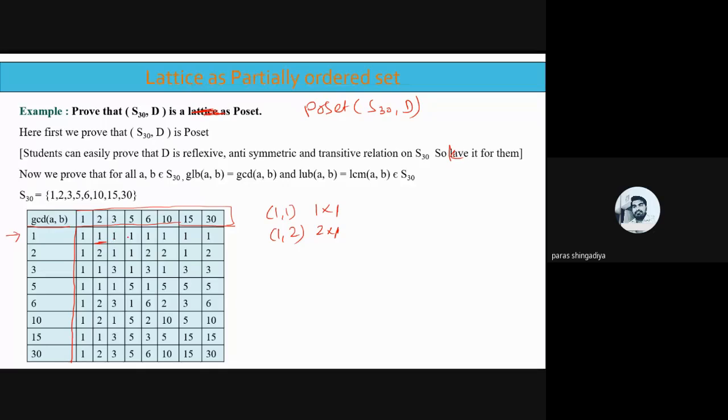ठीक है, एंड देन आफ्टर फॉर अ 3, तो चेंज द नंबर 1, 3. सेम थिंग्स 1 क्रॉस 1 एंड 3 क्रॉस 1. तो कॉमन डिवाइजर इज 1 दैट इज ऑल्सो नोन एज अ ग्रेटेस्ट, ठीक है। तो GCD between 1 and 3, that is 1, 1 with 5, that is also 1, 1 with 6, that is 1, 1 with 10, 1 cross 1, 10 cross 1. So 1 is the common divisor. So 1 is the answer. 1 with 15, that is 1, 1 with 30, that is also 1.